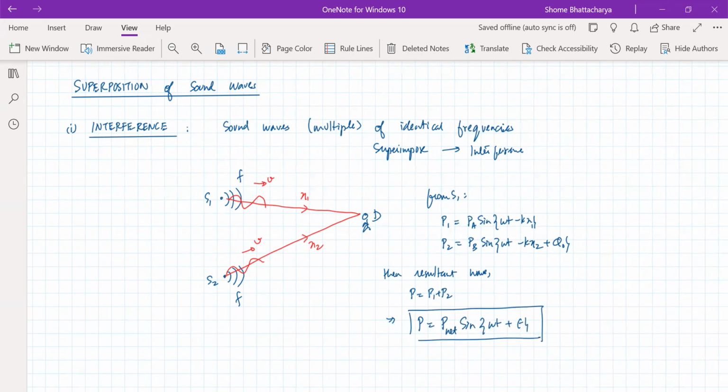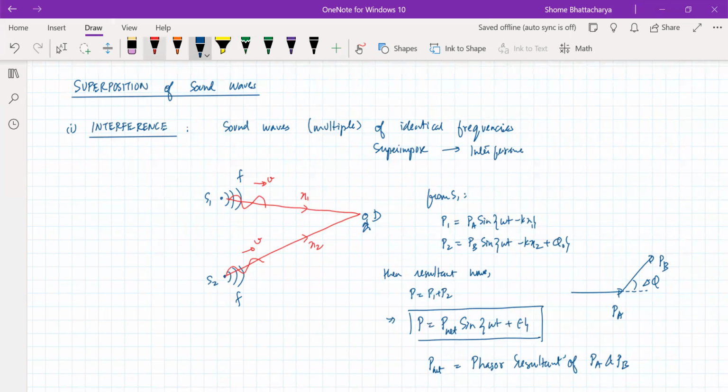Okay. So here, that net pressure amplitude, this will be the phasor resultant of PA and PB. So it will be that kind of thing, that if this is our PA, this is our PB, and this represents the phase difference delta phi, then this third side here represents the net pressure amplitude, and this term here represents epsilon. Okay, so more important is that net pressure amplitude.